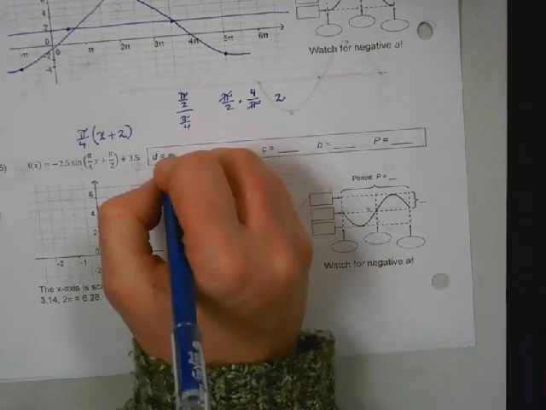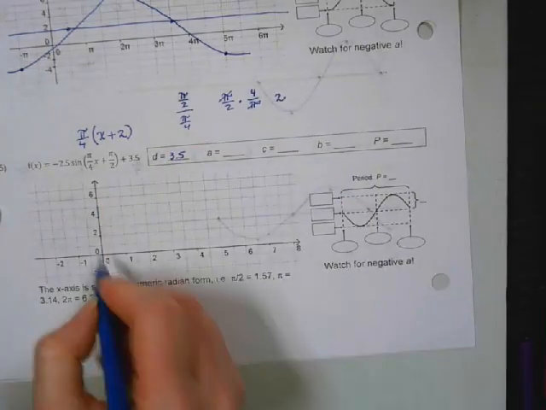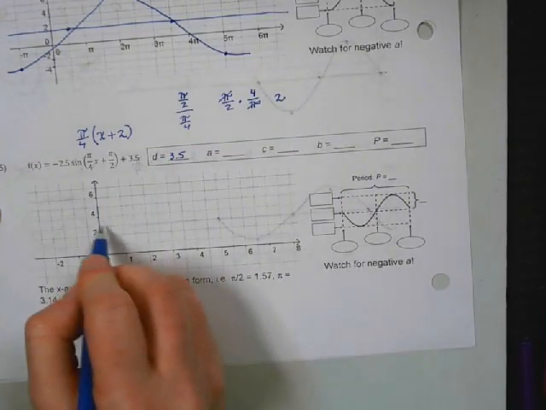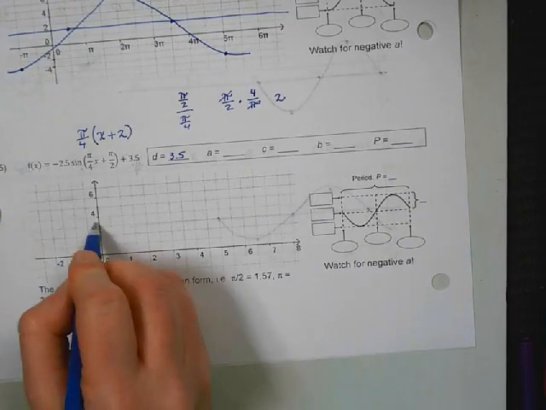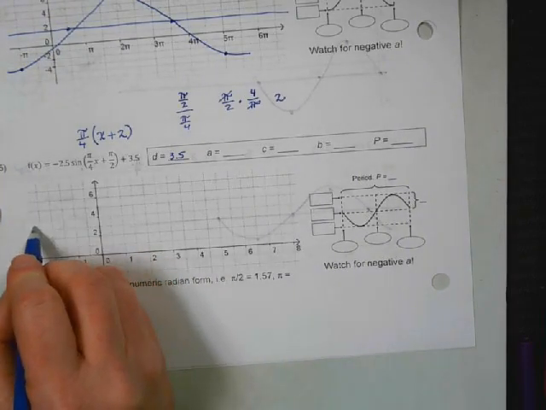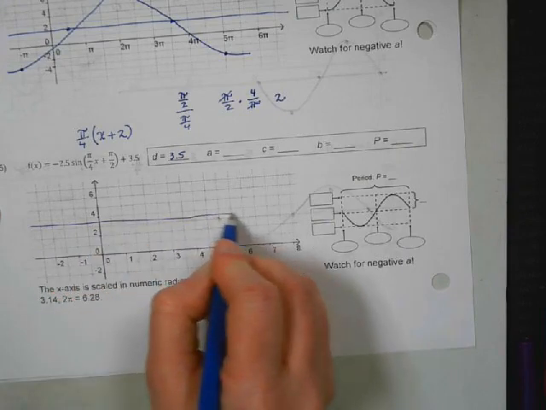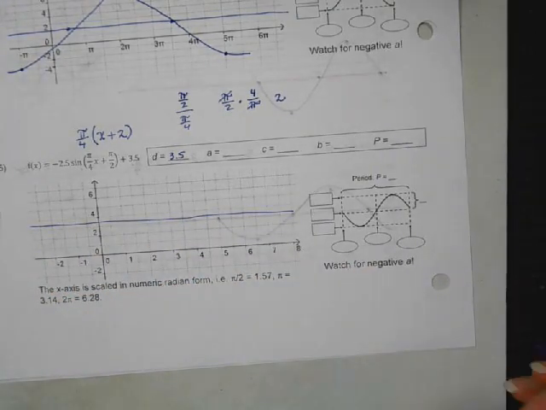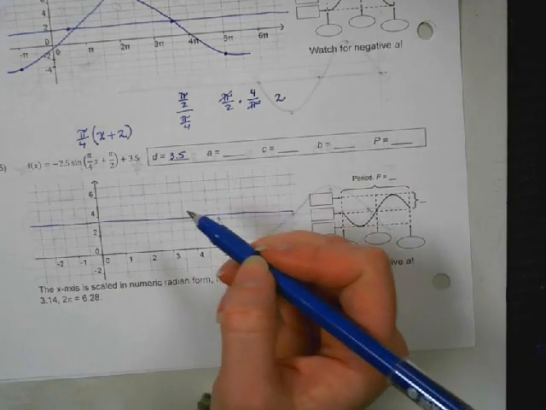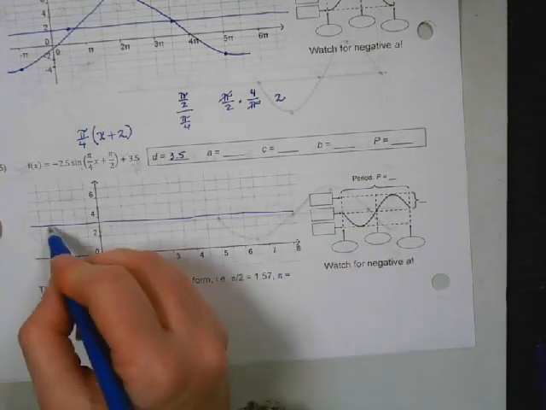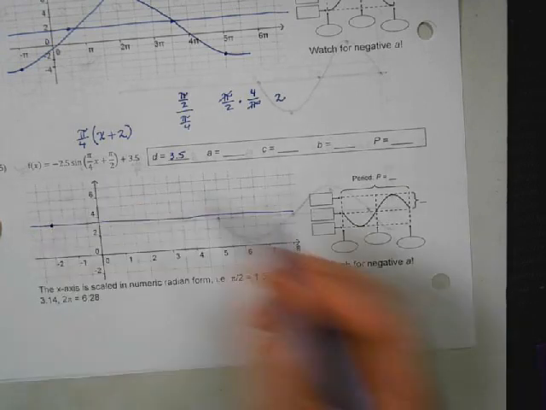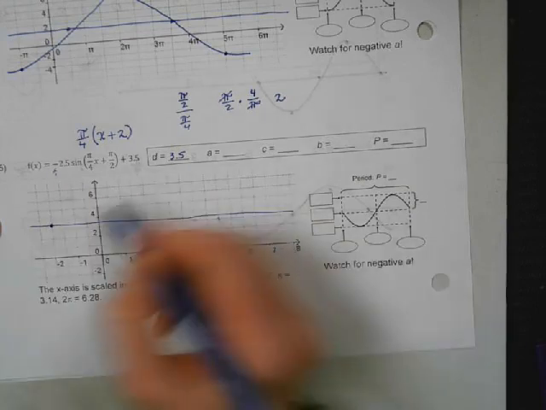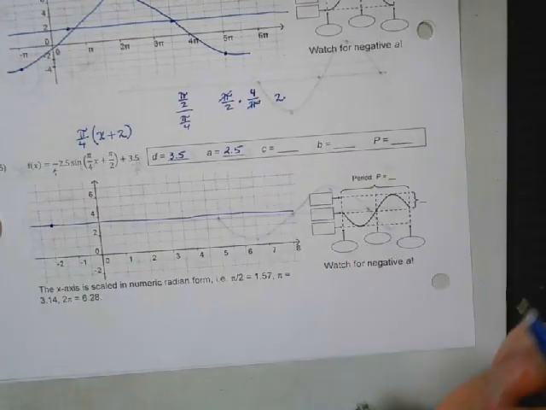My D value is 3.5, so it would be here somewhere. It's been shifted back 2, so it would be here. And instead of starting at the axis and going up, it's got a negative on it, so it would start at the axis and go down 2.5.